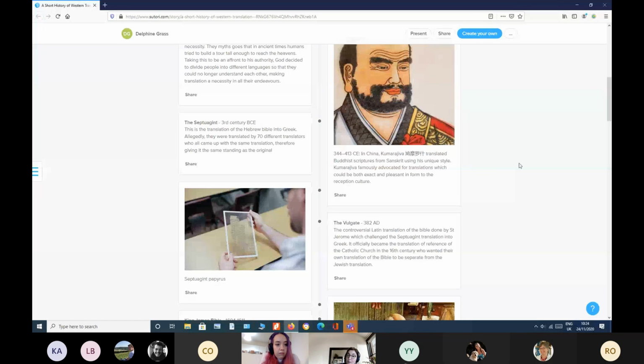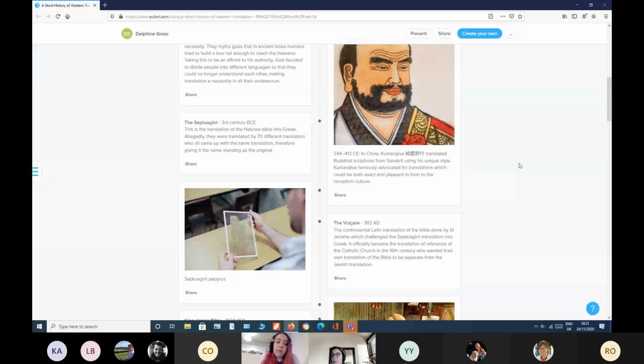So it's a historical landmark, but you can see that it's also a mythical one, a legend as well. The idea behind having all these translators come up with the same text is that it gives legitimacy. It was almost as if the translators were God-inspired at the time of doing their translation.